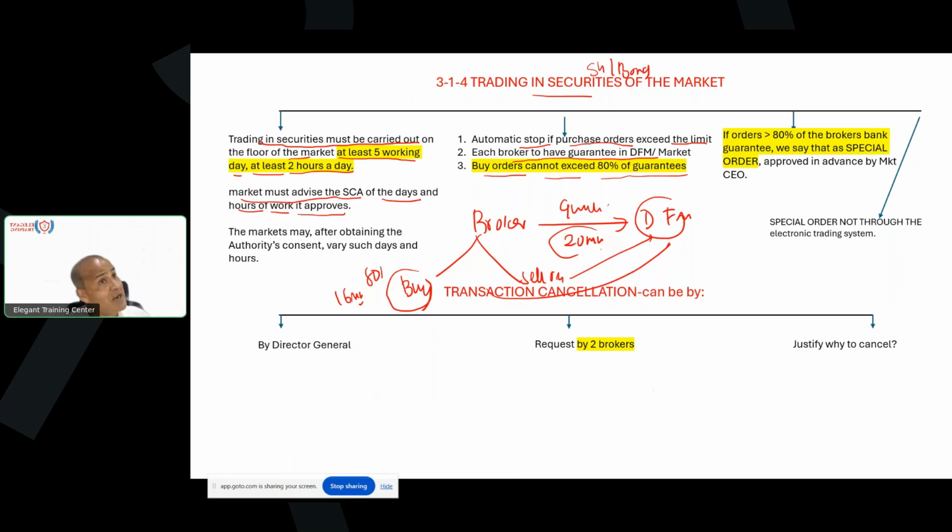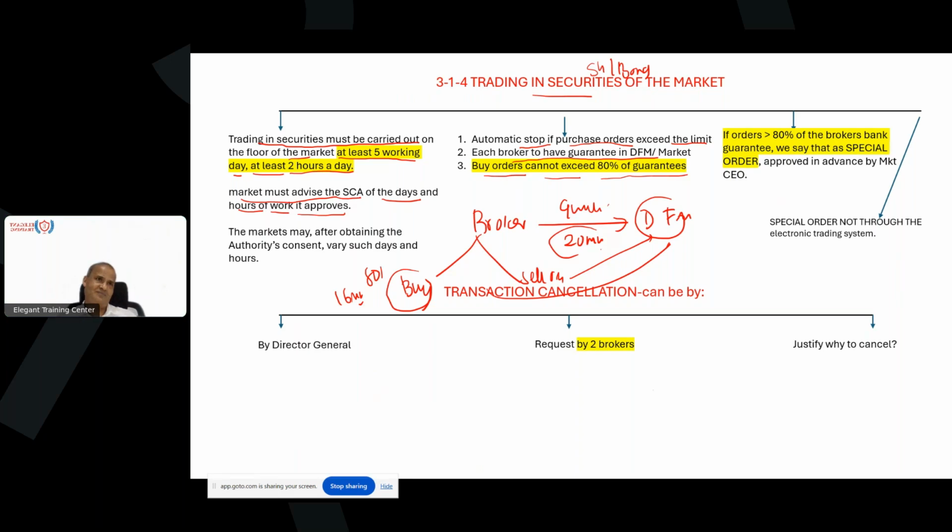How much guarantee? No limit given in the book, right? So amount of guarantee, SCA will decide, market will decide based on the nature and size of the brokerage company. So guarantee amount is not mentioned anywhere in the book. However, whatever guarantee, that 80% is the maximum limit.